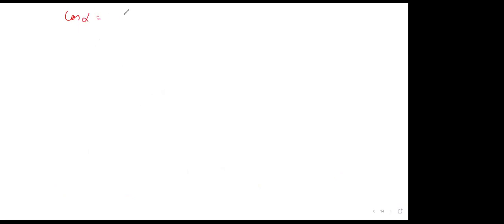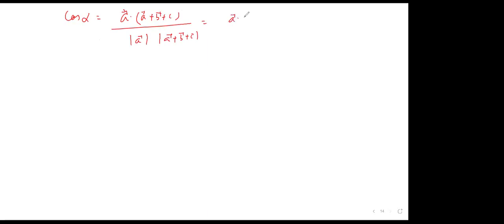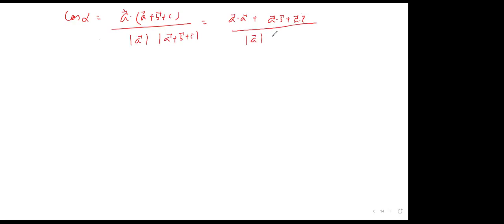Cos alpha with A vector: A dot (A plus B plus C) divided by magnitude of A and magnitude of A plus B plus C. So this will be A dot A plus A dot B plus A dot C divided by magnitude of A plus B plus C.